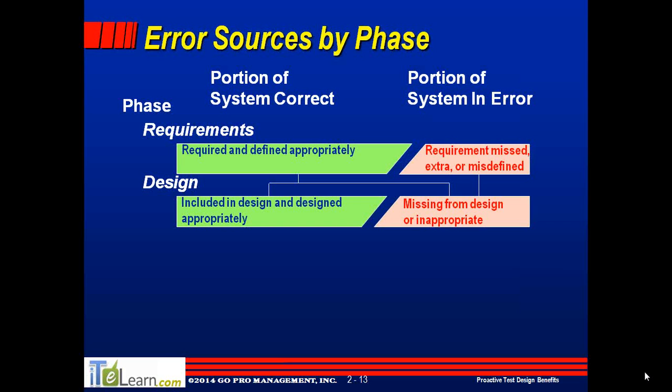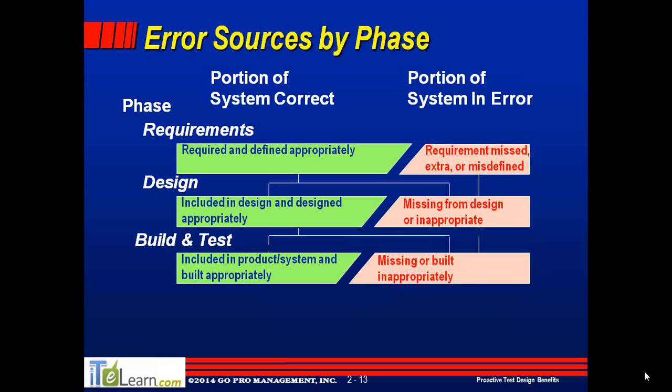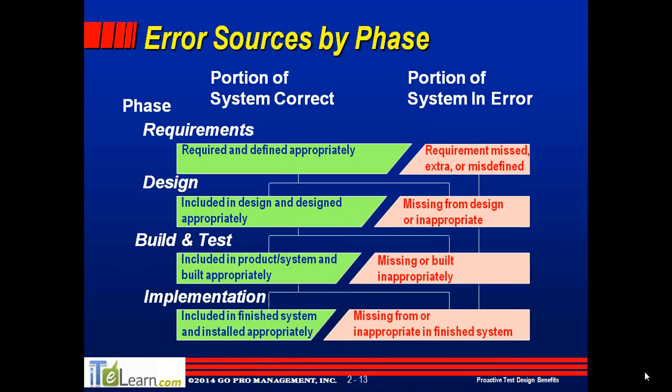We also lose meaning when we translate from one phase or artifact to another. Similarly, when we go from design into building and testing, some of the appropriate design is built and tested appropriately, and some of it is lost in translation, all the way down through implementation. Now notice what happens. Once something is wrong, it tends to stay wrong.